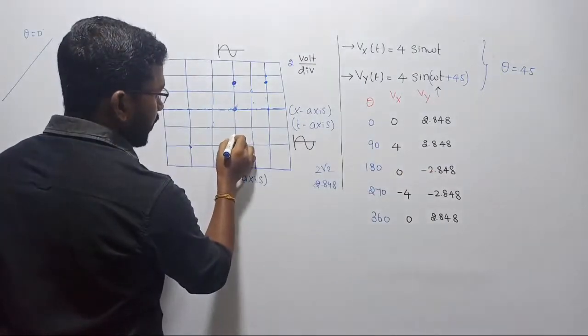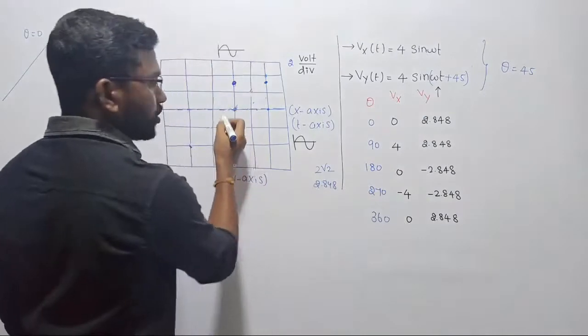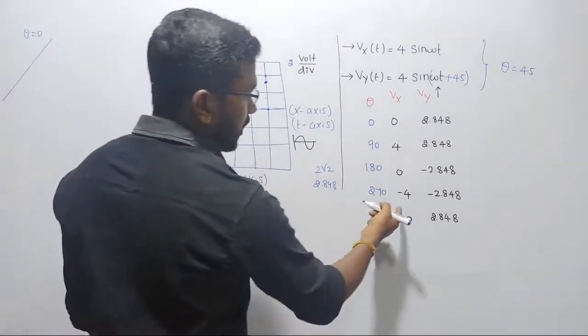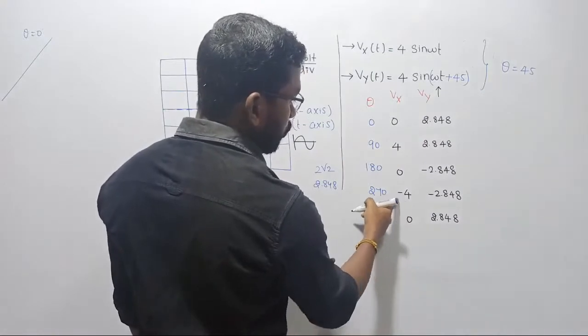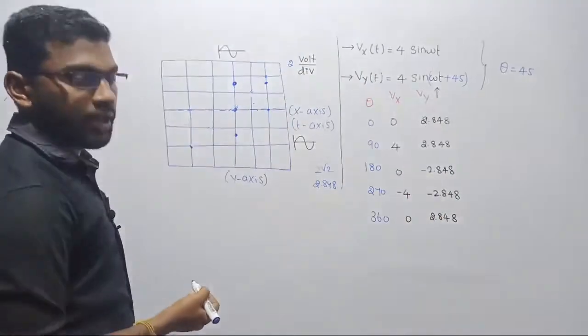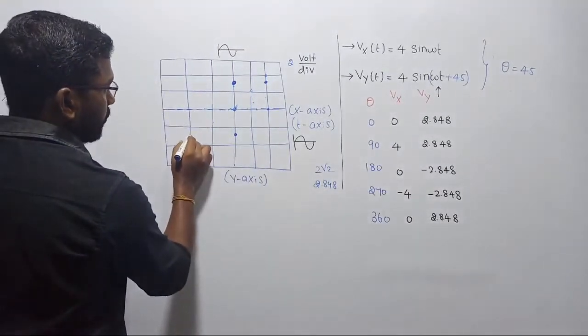Minus 2.848 somewhere here. And then again it is coming back to 0, whereas this value is plus 2.848. At 270, X-axis value is minus 4, Y-axis is again minus 2.848, right? Minus 4 is somewhere here, and 2.848 means it will be here.